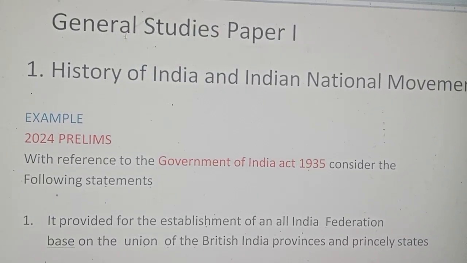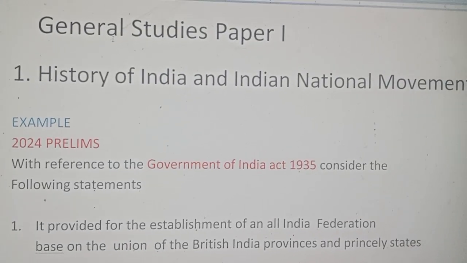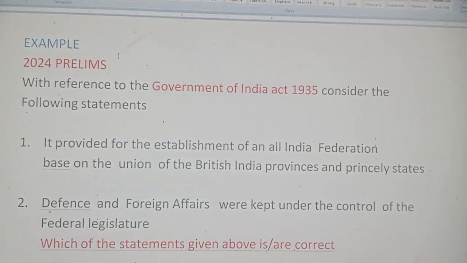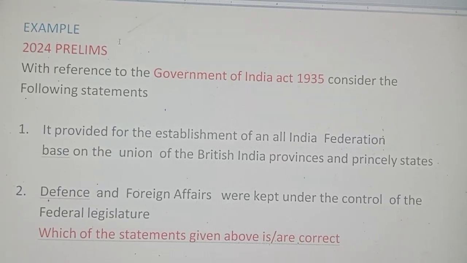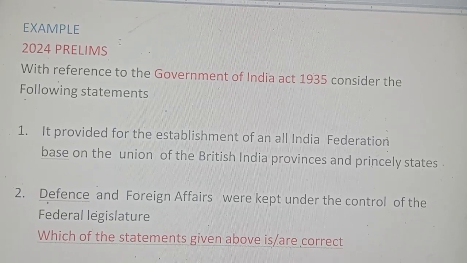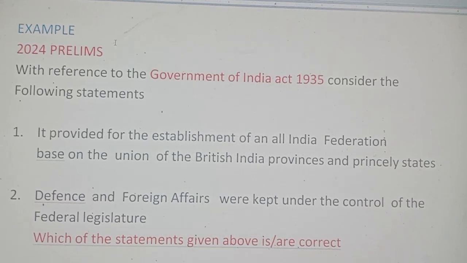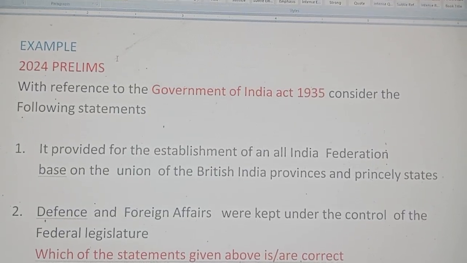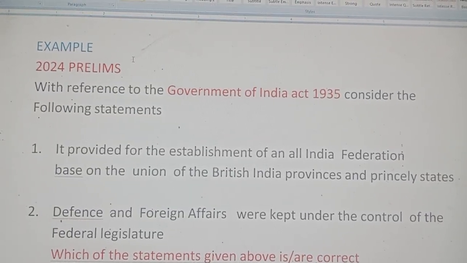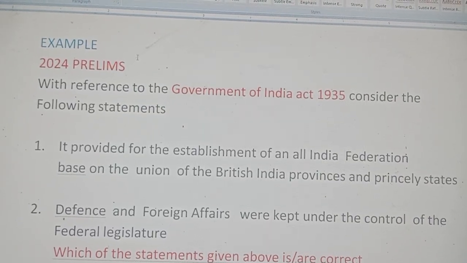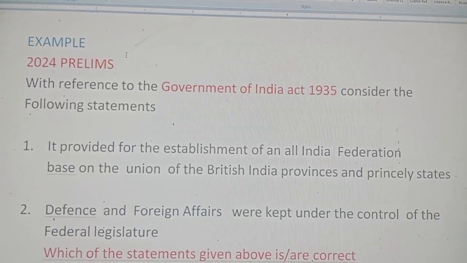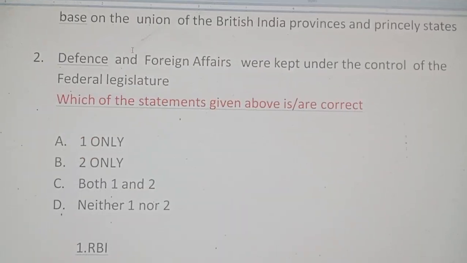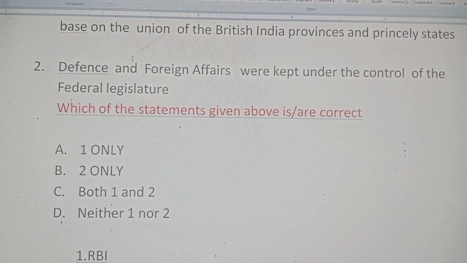Second statement: defense and foreign affairs departments were kept under the control of the federal legislature. Which of the statements given above is or are correct? A, one only; B, two only; C, both one and two; D, neither one nor two.